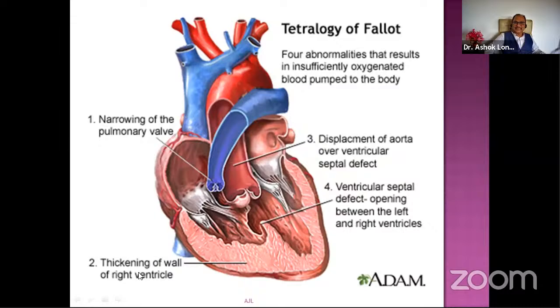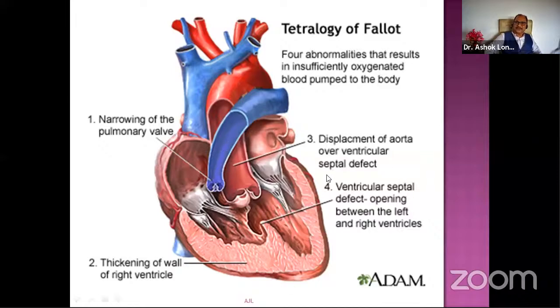Then, thickening of the wall of the right ventricle. So this is another defect. Third defect, displacement of the aorta over the ventricular septal defect. See what happened? It is displaced, and the septal defect is also there.